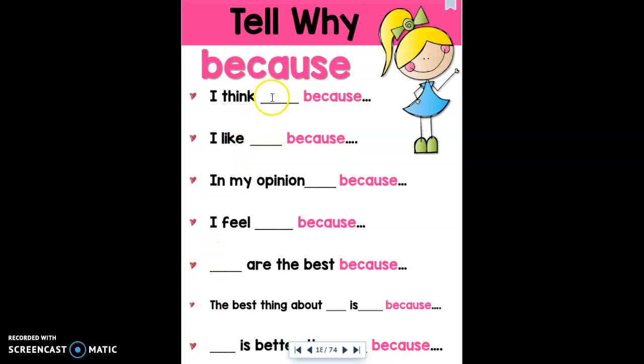I think, and you'd fill in whatever you're writing about, because I like blank, because this is where you would fill in your response. Where they've left the blanks is where you fill in your response. And they've given us lots of different choices. I want you to just choose one or two choices each day to explain your opinion, okay? So look through this. This is what you'll refer back to so that you can use the words to write your sentences, okay?